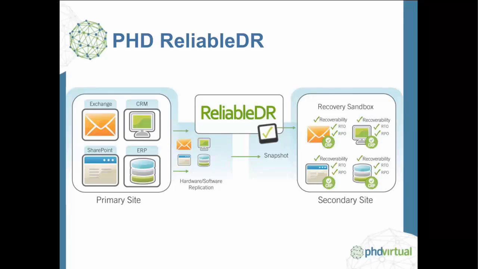Reliable DR is orchestration software that allows you to validate your disaster recovery plans and tests. From an orchestration standpoint, it allows you to identify your set RTOs and your set RPOs, and then it reports on all those tests to verify that you're in compliance given what you set within the software. All of these tests that you invoke through the software are service-centric.